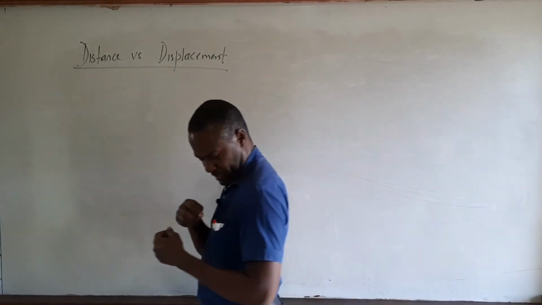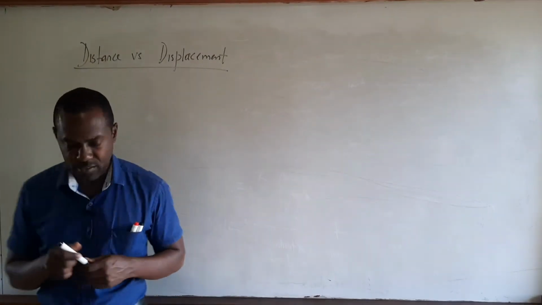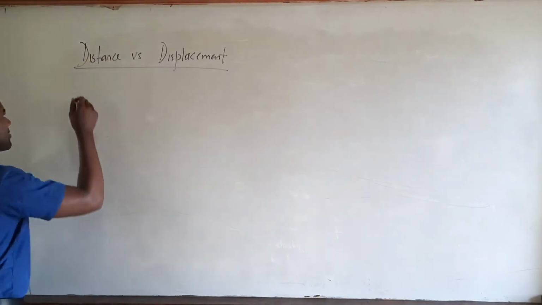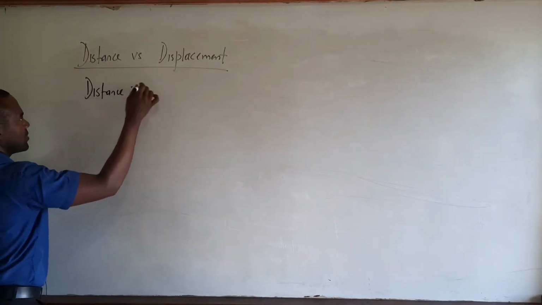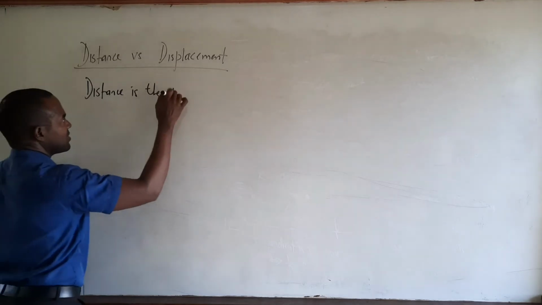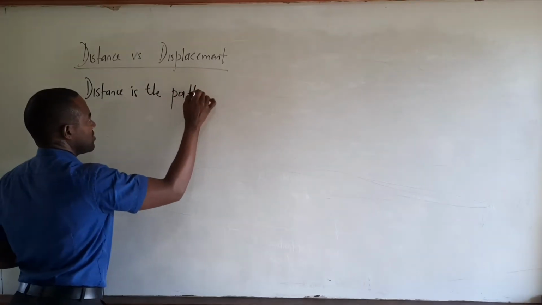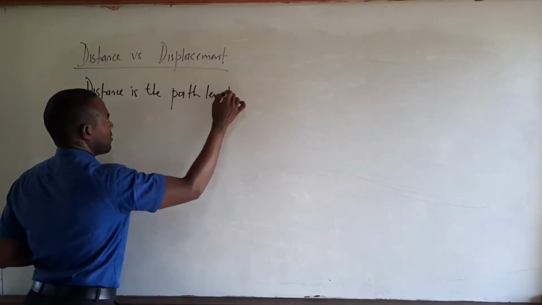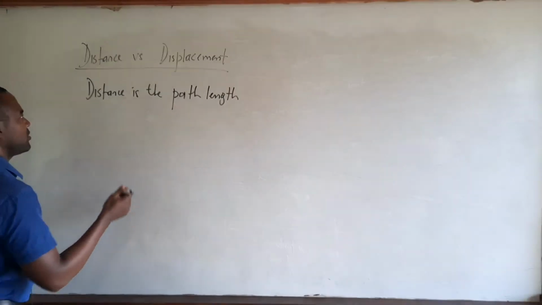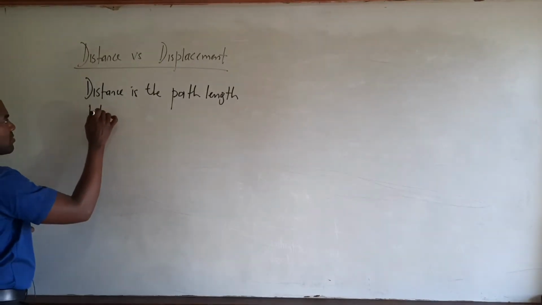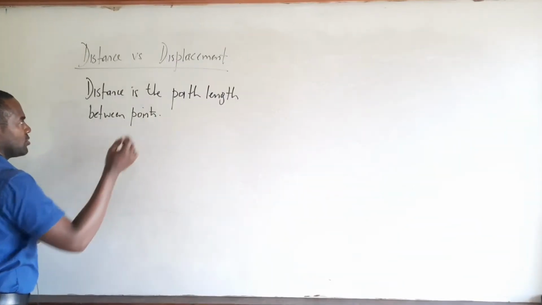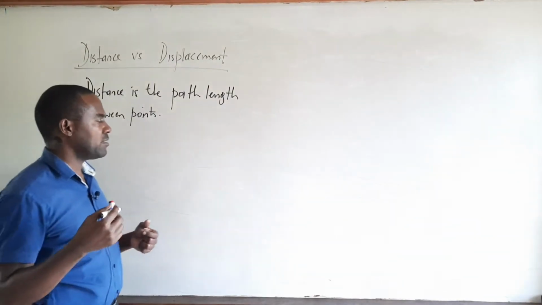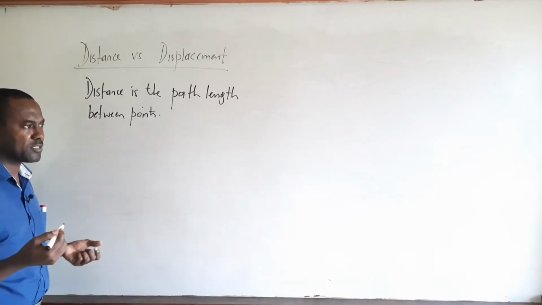So what exactly is distance? Distance is defined as the path length between 2 points. So distance is the path length between 2 points, right?